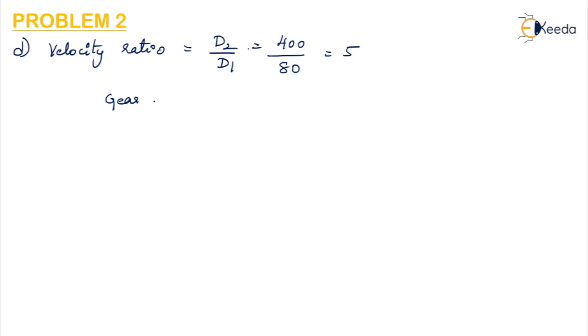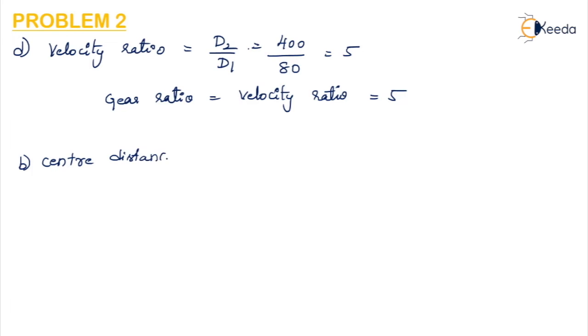Gear ratio is equal to velocity ratio, five. Now B, that is the center distance.